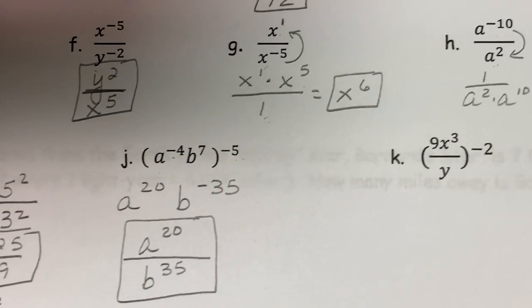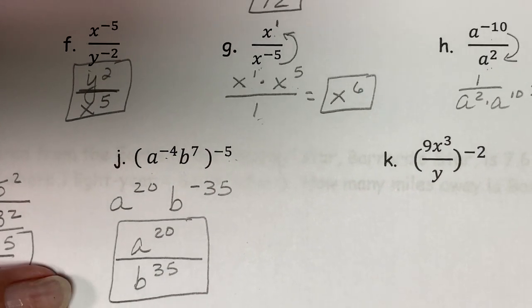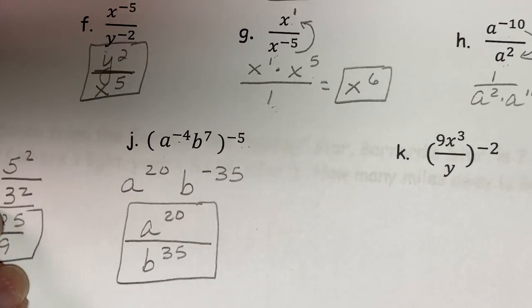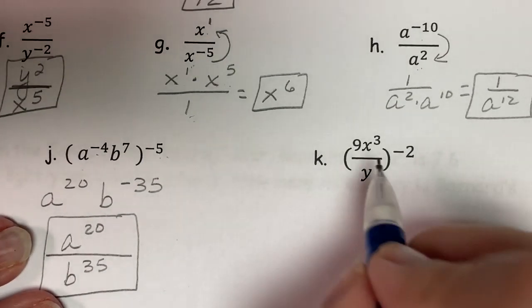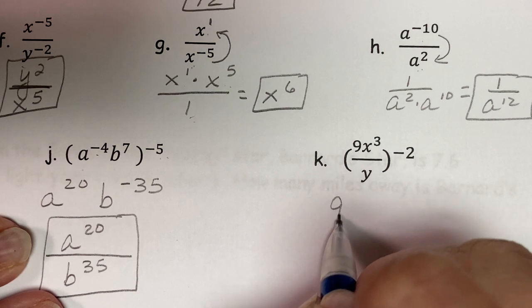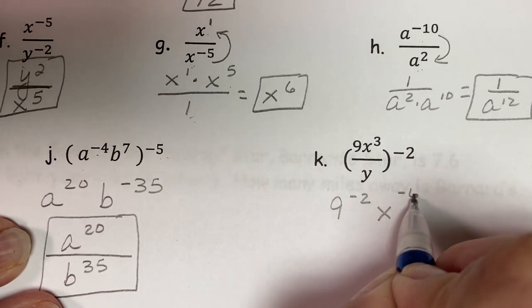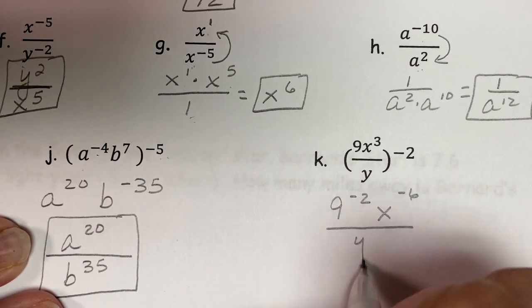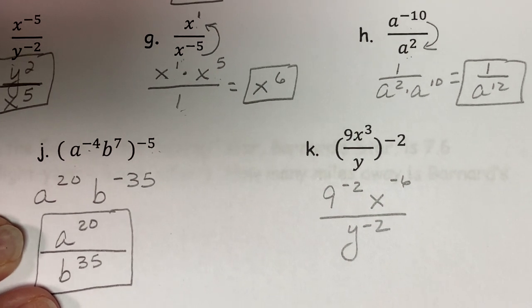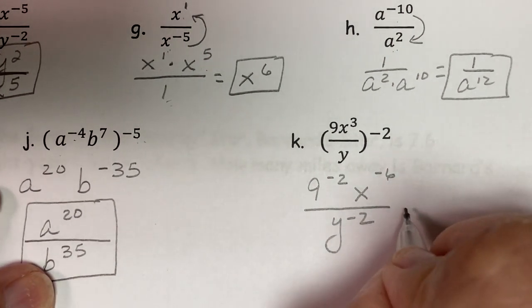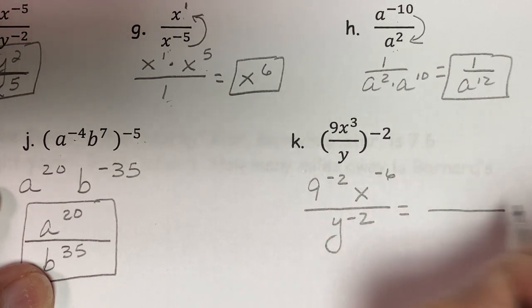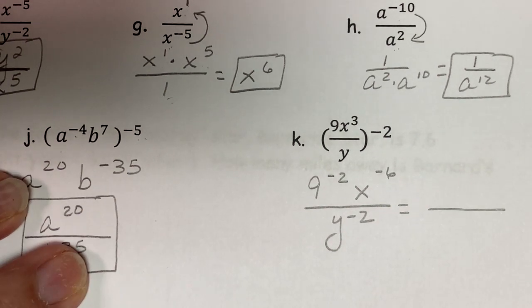A couple more. If we look at k here, again the negative 2 has to be applied to everything, including the 9. So this would be 9 to the negative 2, x to the negative 6th over y to the negative 2. And because everything's being raised to a negative exponent, everything is going to change position.